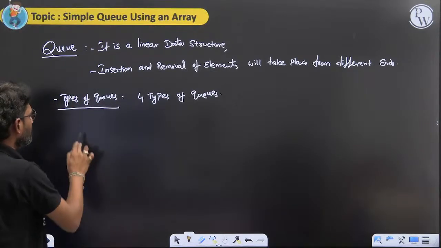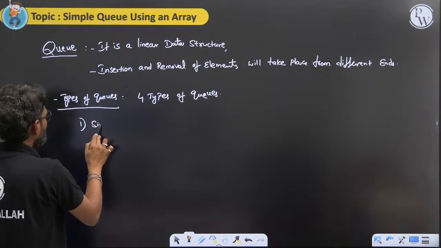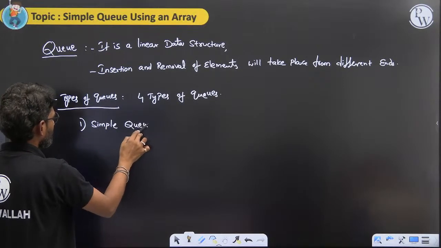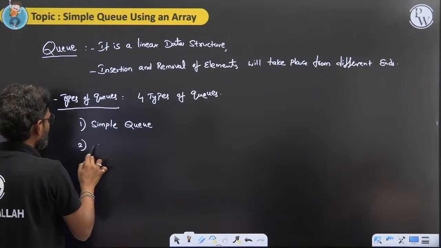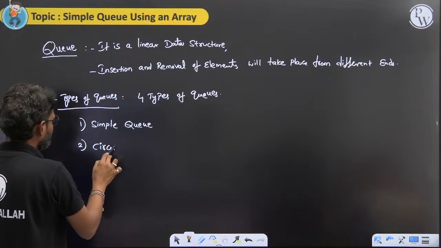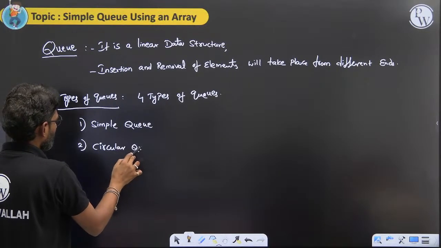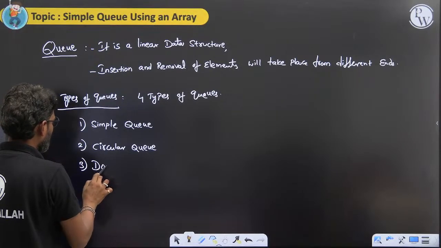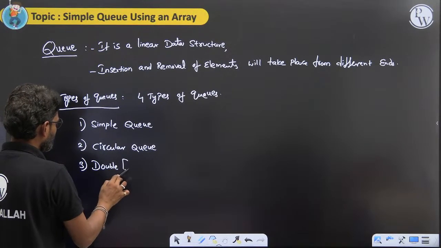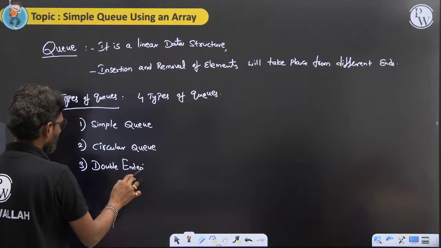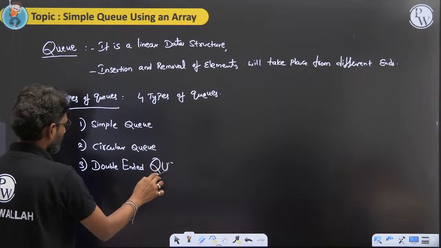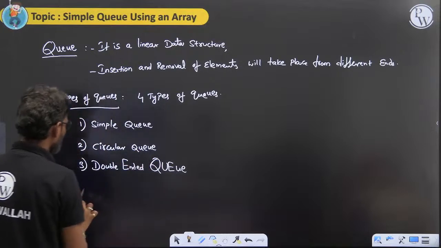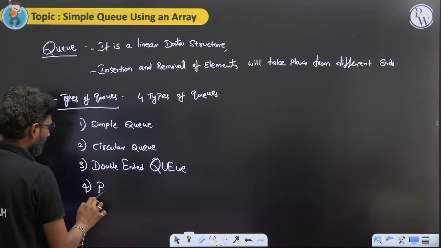What are they? One is the simple queue. Other is the circular queue. Other is the double-ended queue, and the priority queue.